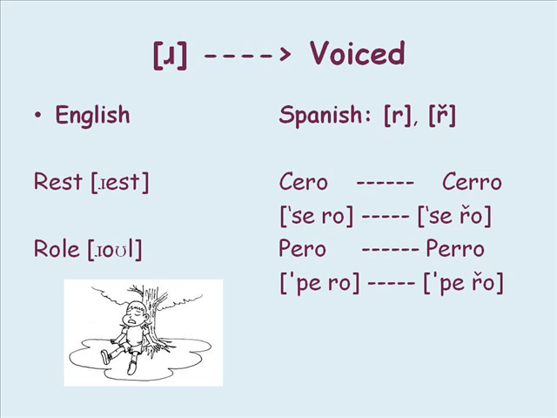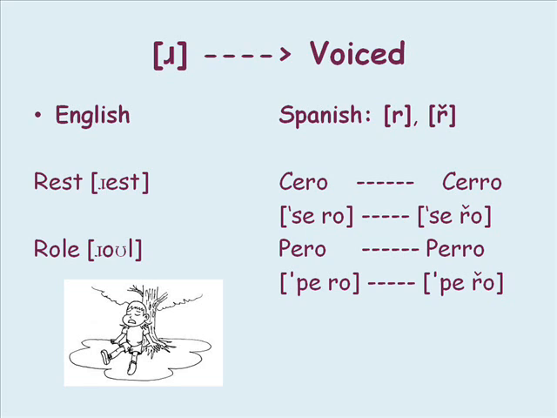The sound is voiced in English as in Spanish. However, it is not pronounced the same. In English, it is produced in the words rest or roll. In Spanish, it would be pronounced differently depending if there is one or there are two R in the spelling of the word.